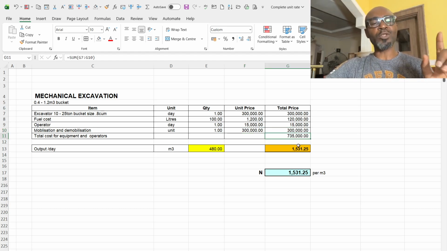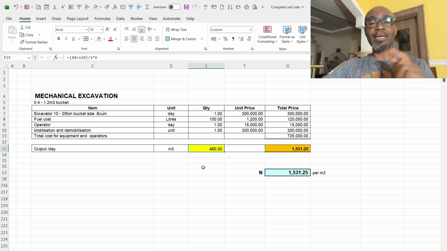So your total cost for equipment is 735,000 per day, and your equipment output is 480 cubic meters.